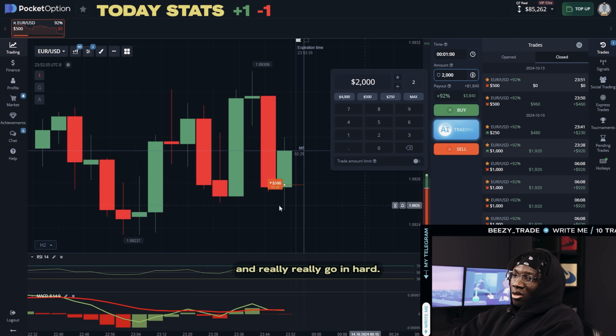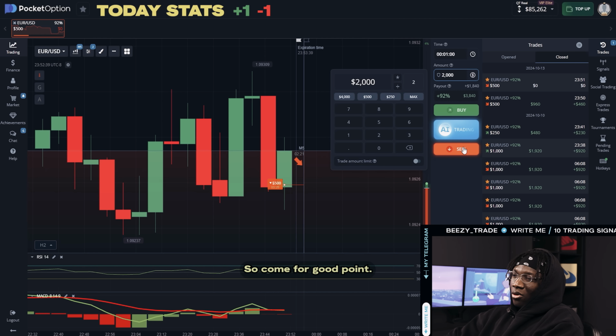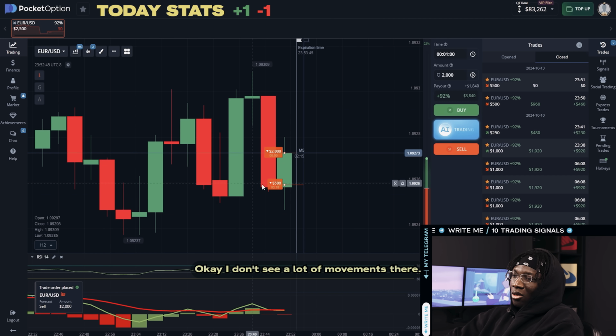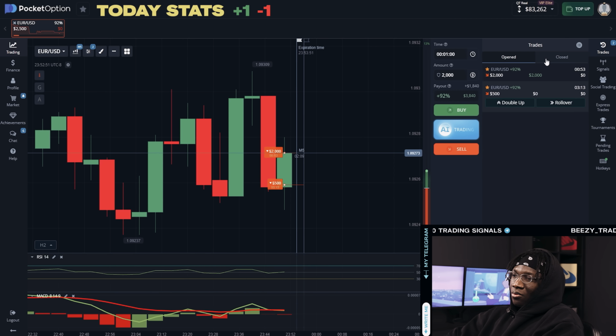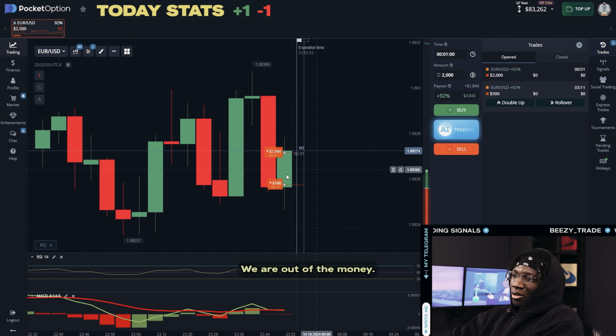And really go in hard. Looking for a good point. Okay, I don't see a lot of movement there, so we're in for $2,000 for a minute. We are out of the money.